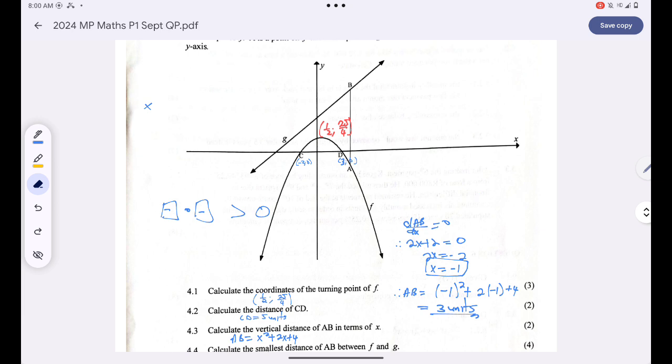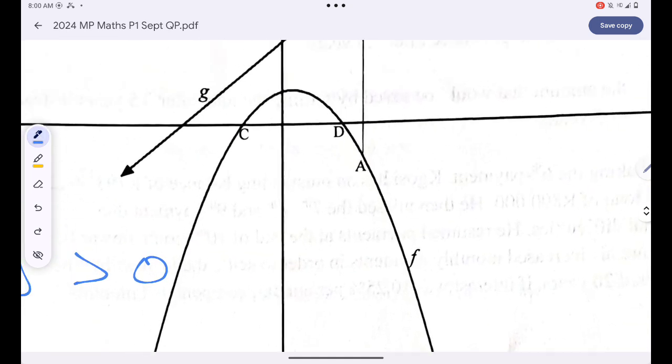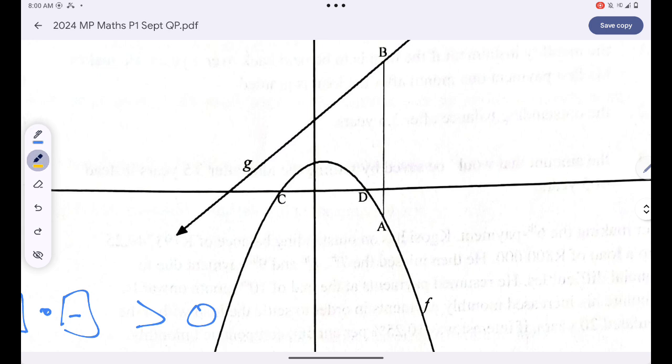Tell the person who's marking you, what do you see? Both of my graphs are positive in this region there. Are you together? I know that the x values at C are negative 2 and 0, and the coordinates of D are 3 and 0, right?